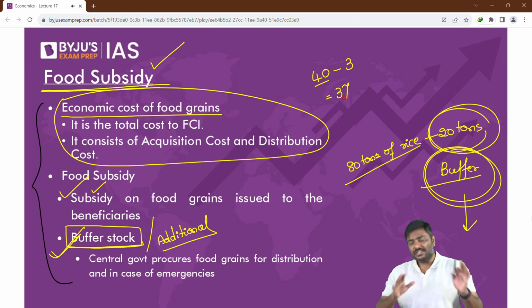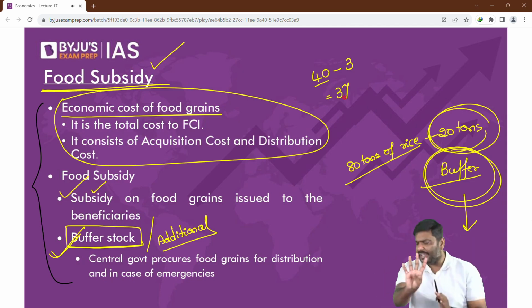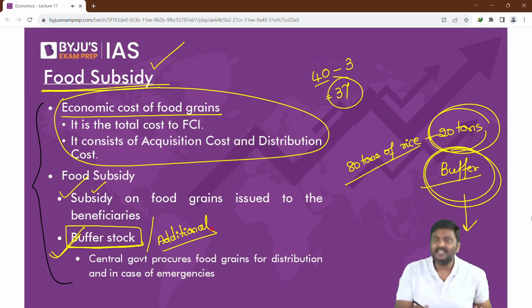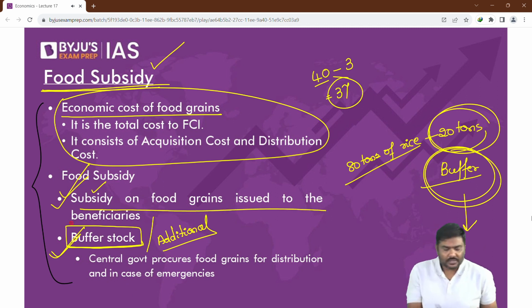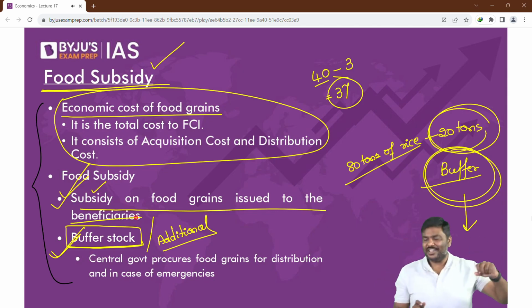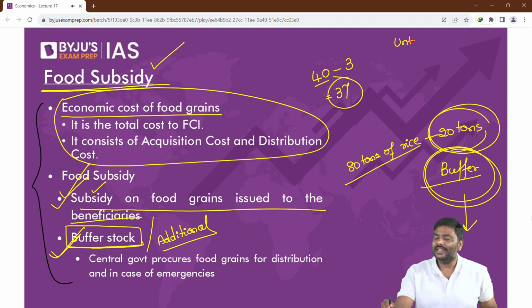Can I say the government is giving you a subsidy of 37 rupees? Anybody has a difficulty, please do let me know. I'll repeat the statement. Imagine the economic cost of food grains is 40. They sell it to you at 3 rupees. Say the subsidy is 37. So that is the food subsidy on food grains which are issued to the beneficiaries.